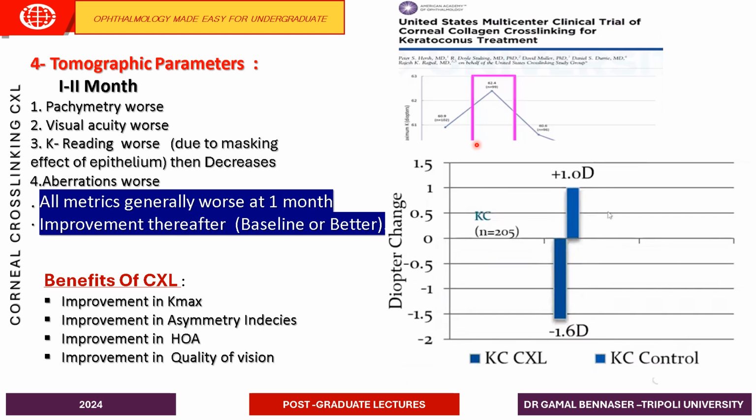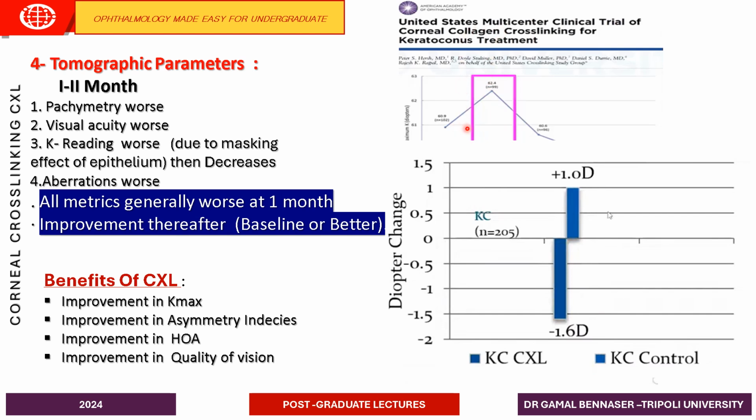As you know, the epithelium usually masks the severity of the bulging of the cornea and the keratoconus, and once you remove the epithelium, you need a long time for the remodeling of the epithelium, so that immediately there will be unmasking of the keratoconus, and all the parameters will be worsened within the first month.